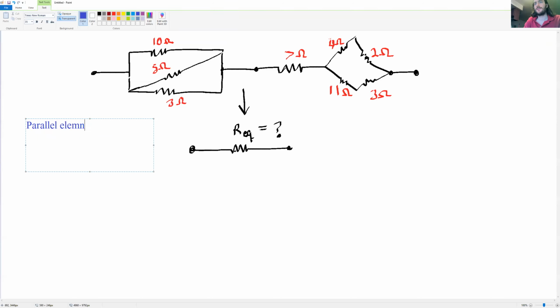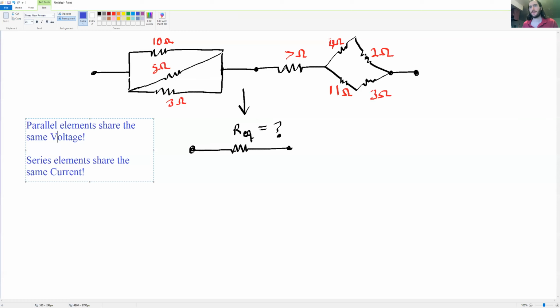Parallel elements share the same voltage. Series elements share the same current. Okay, so just a reminder for you guys, those two statements right there can help you remember what rules to use for parallel and series capacitors and resistors.